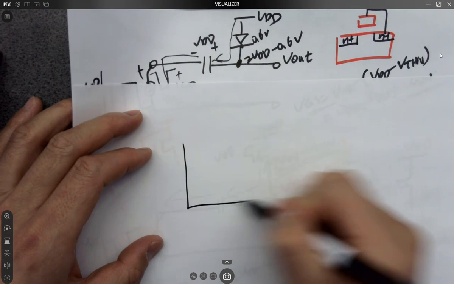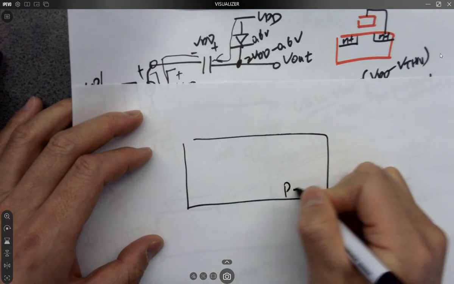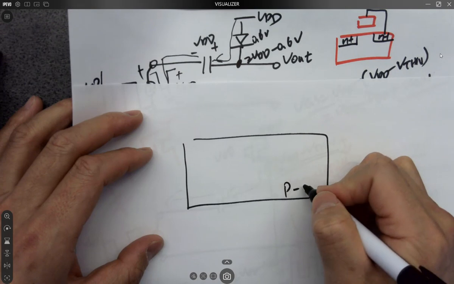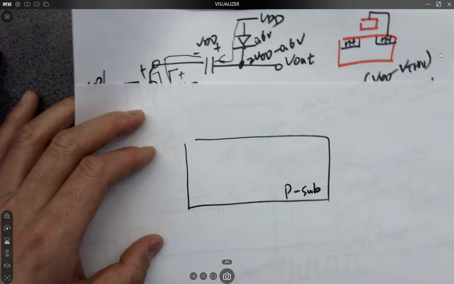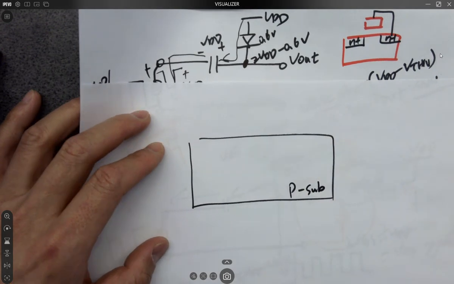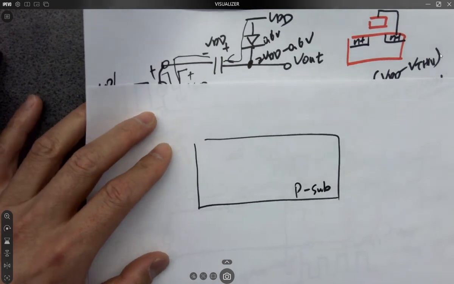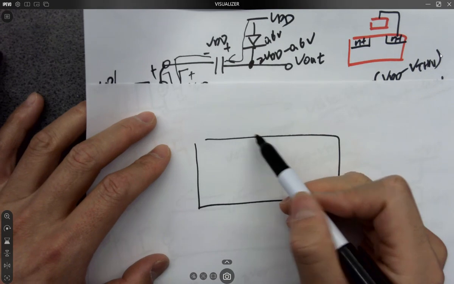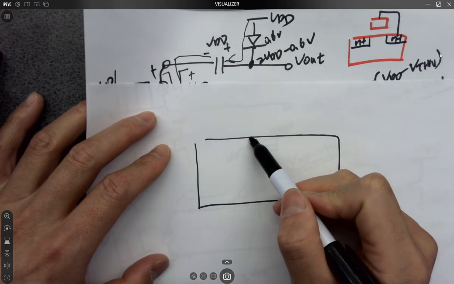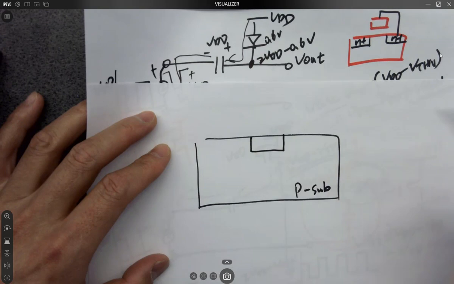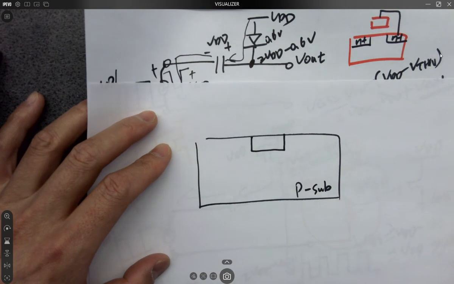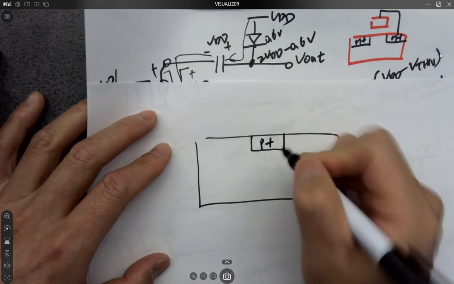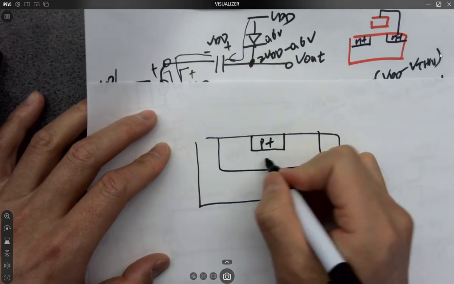So for example, in your electrical VLSI, how do you lay out the diode? Basically, if you think about the PMOS, the P-N junction, it's a P sub, right? So in order to make a diode, you need a P-N junction. So first of all, you need P plus, for example, and N plus, or N well.